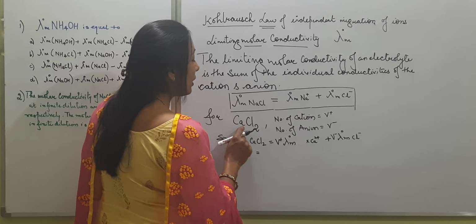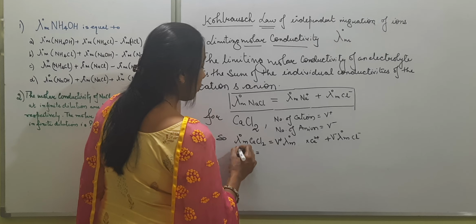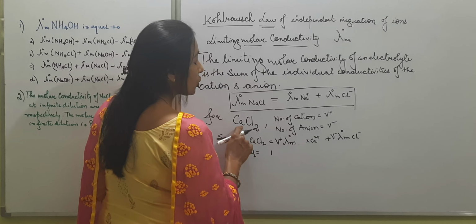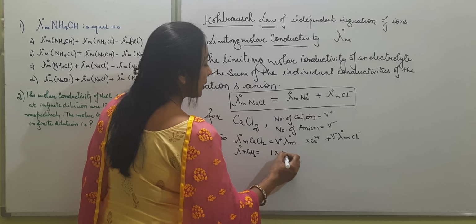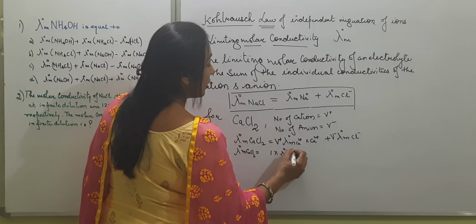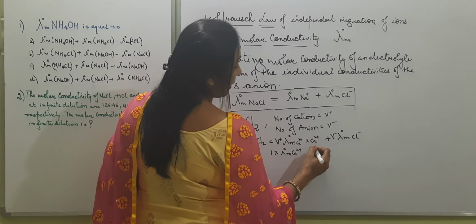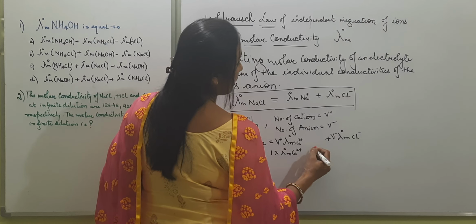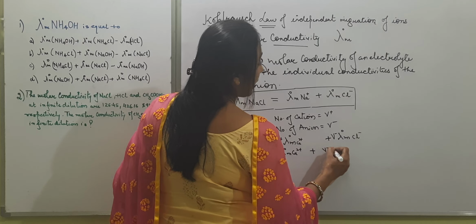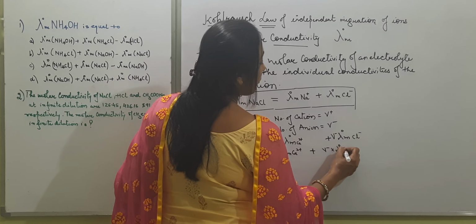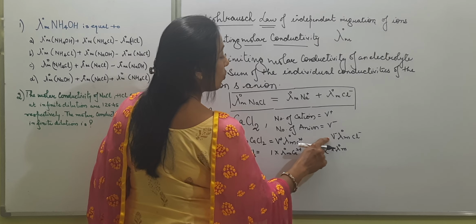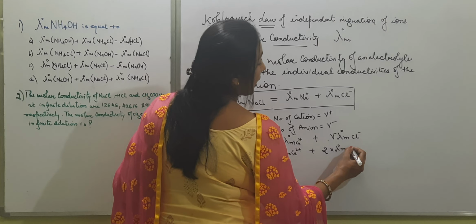So what we have is that in calcium the total number is 1, so the limiting molar conductivity of CaCl2, calcium chloride, is 1, because the calcium number 1 is multiplied with the limiting molar conductivity of calcium, plus V minus, the total number of anions, multiplied with limiting molar conductivity, and how much is V here? 2, we have 2, so simply we write 2 here, and this plus 2 and Cl minus.